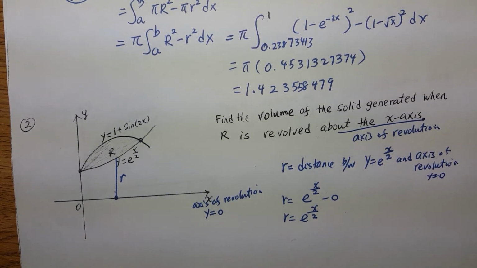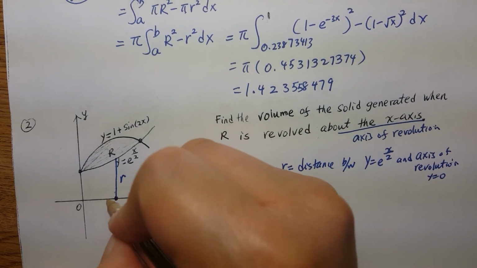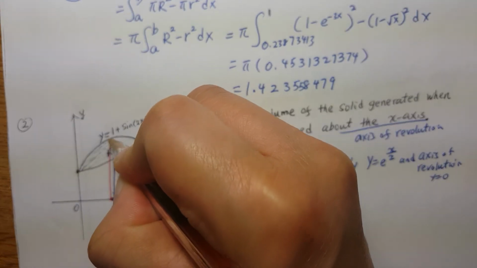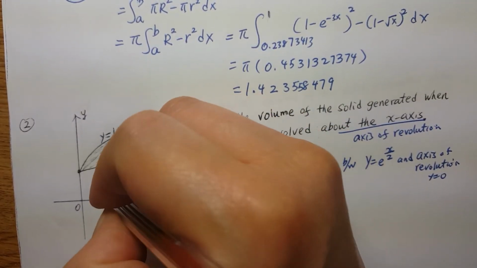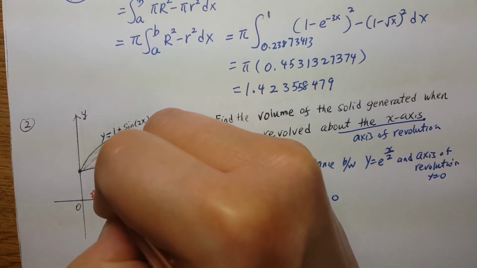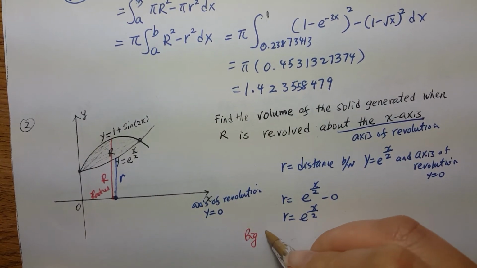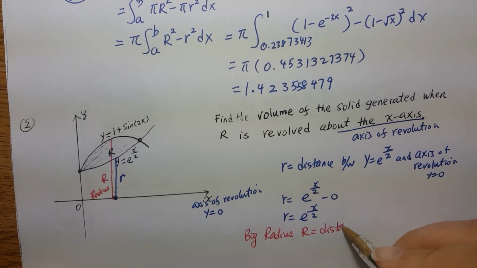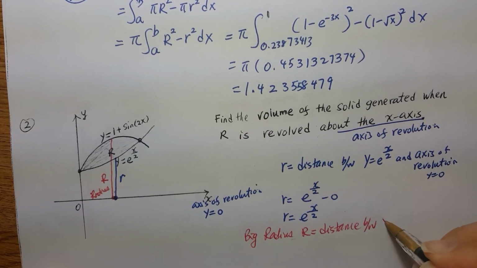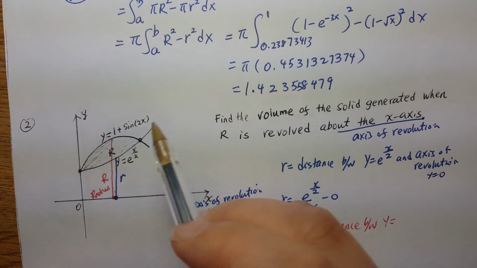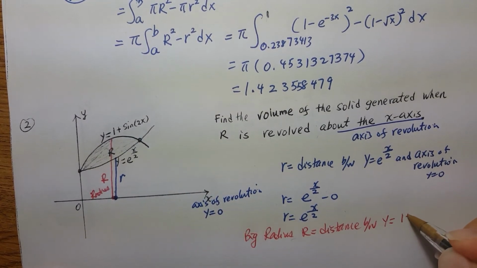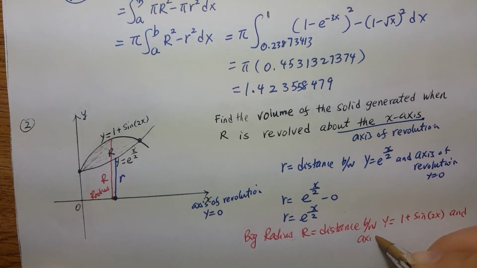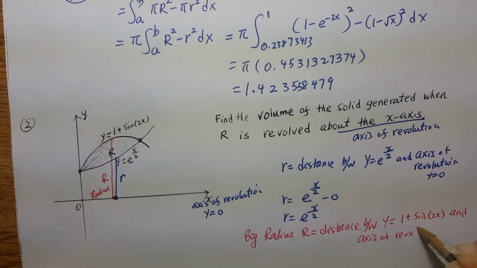Now we are going to draw the big radius. We are going to begin over here, and then you are going to have your big radius. So the big radius R is equal to the distance between the top function, which is the outer one, y equals 1 plus sine 2x, and the axis of revolution.